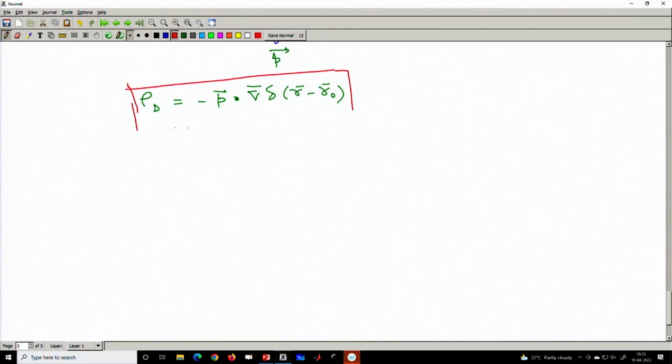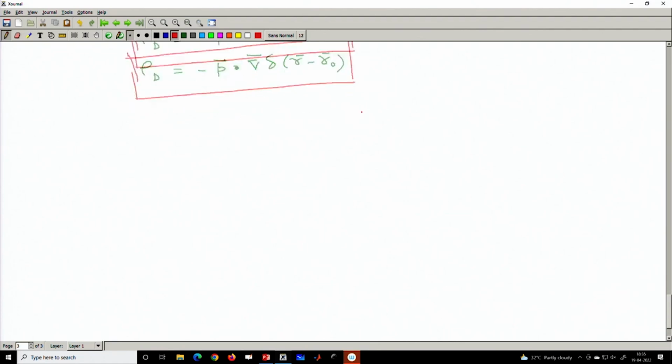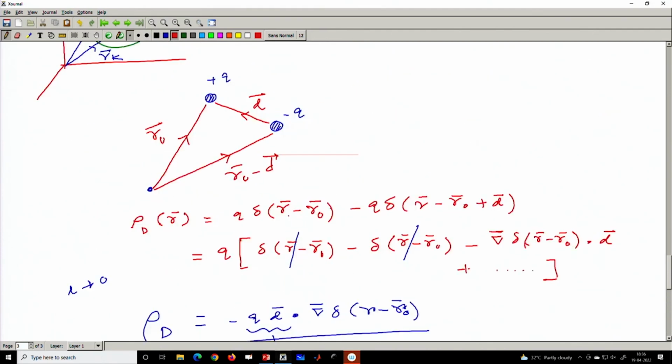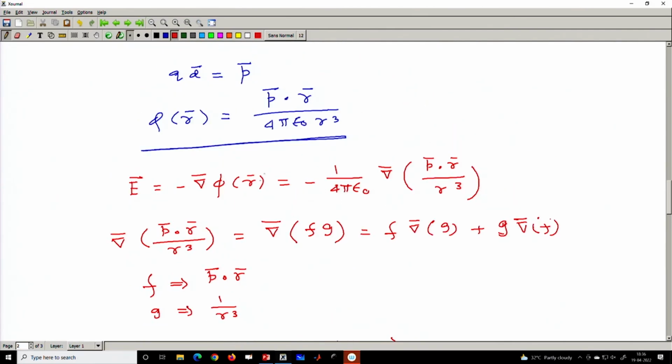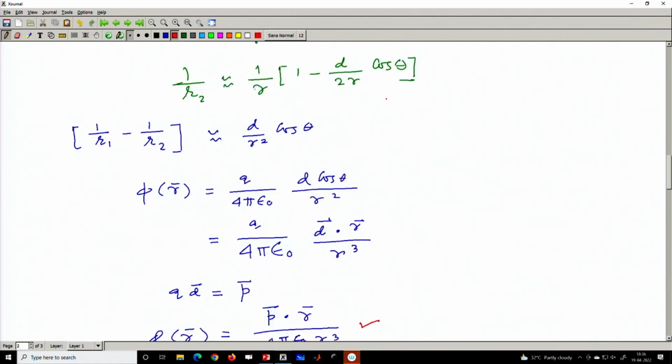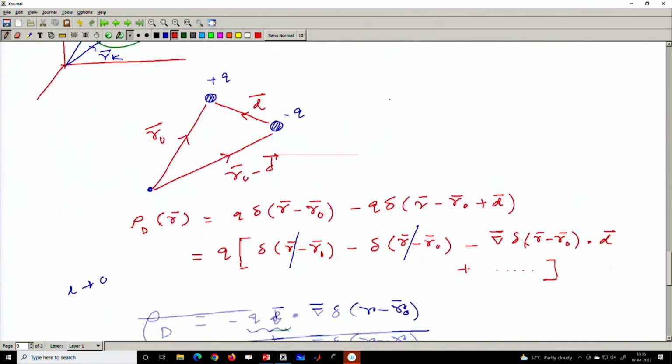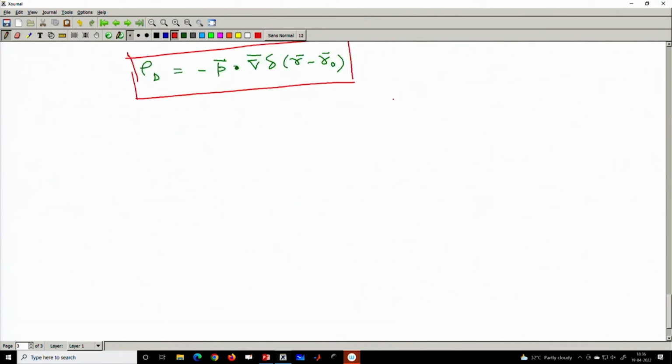Now, after that, what will we do? We can calculate the potential in a tricky way. The potential we have already calculated, p dot r divided by the appropriate factor, using the traditional way, and we are going to calculate it once again using the expression of the potential directly.